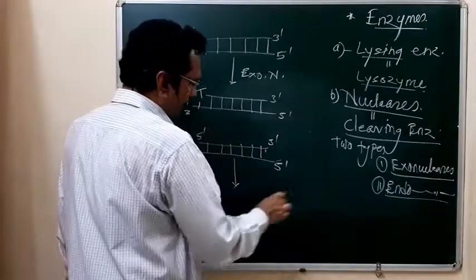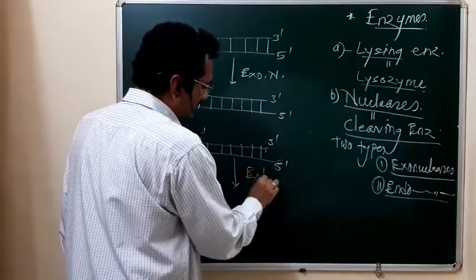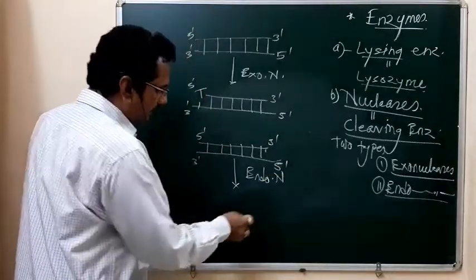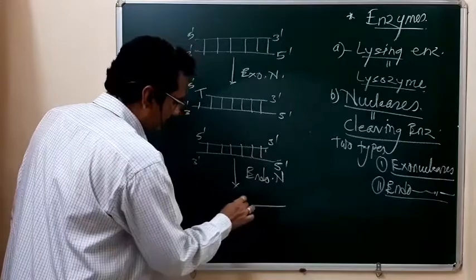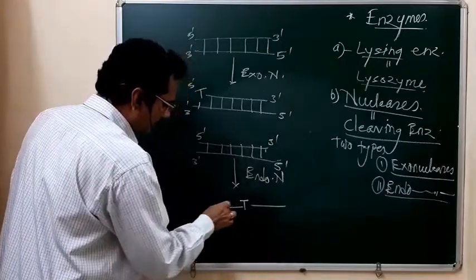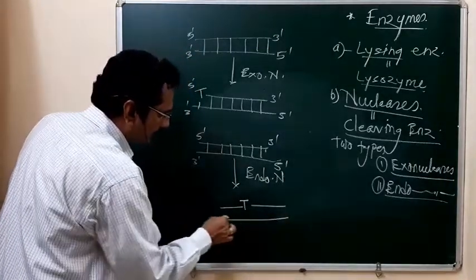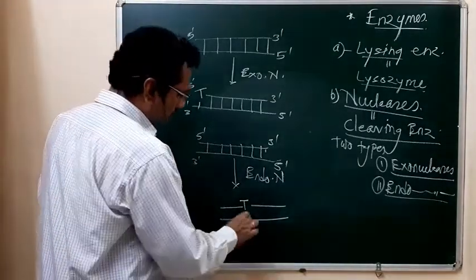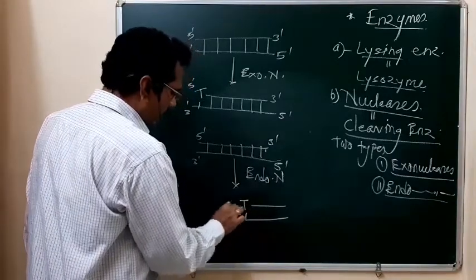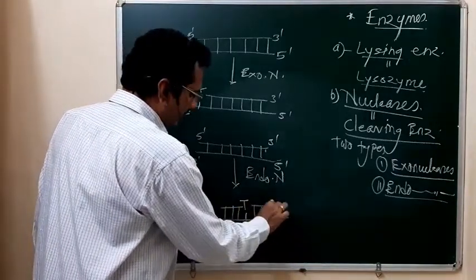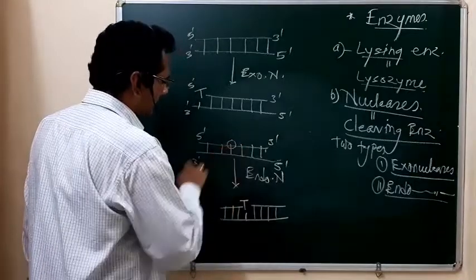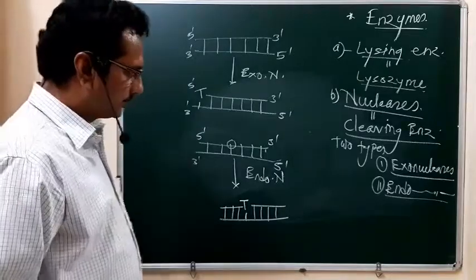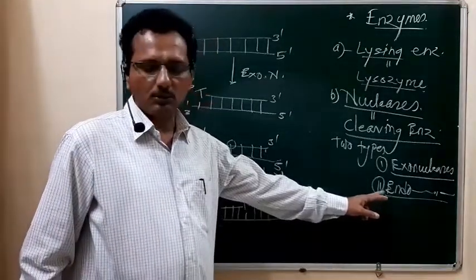So due to the activity of the endonuclease enzyme, they cut the middle nucleotide, and because of this the name is given endonucleases. So we observe there is a removal of this nucleotide. The middle nucleotide is removed due to the activity of the endonuclease enzyme.